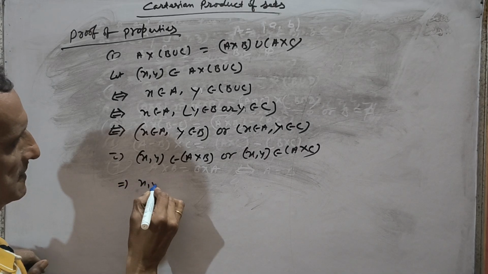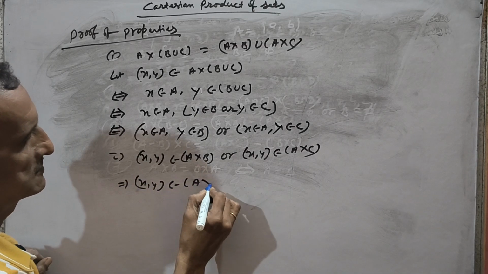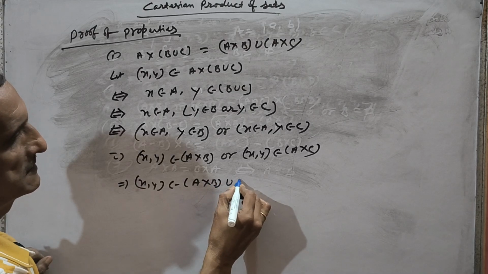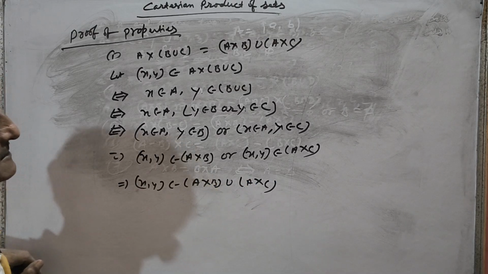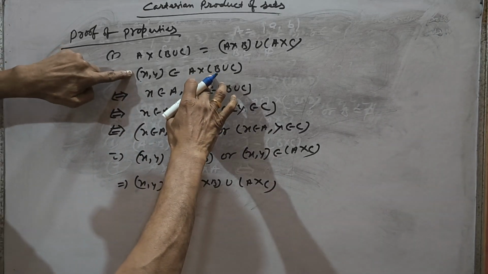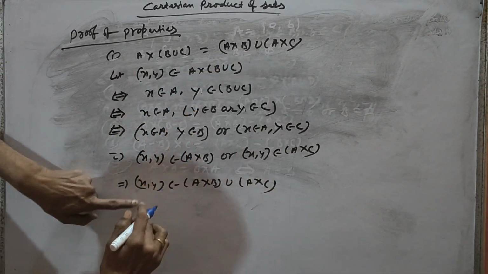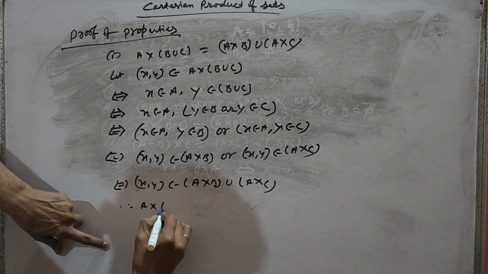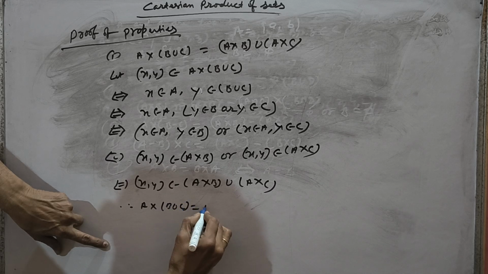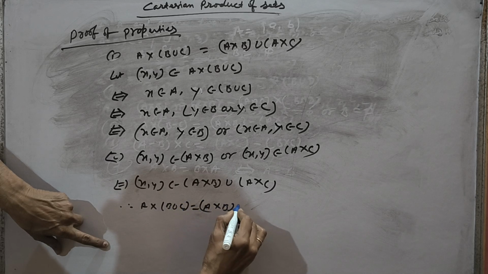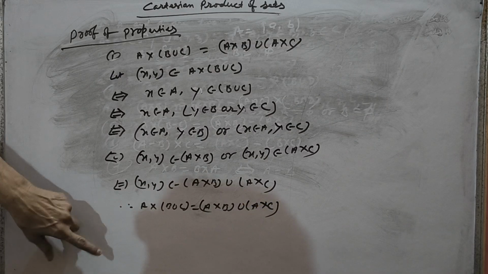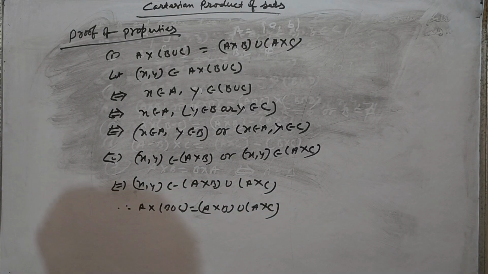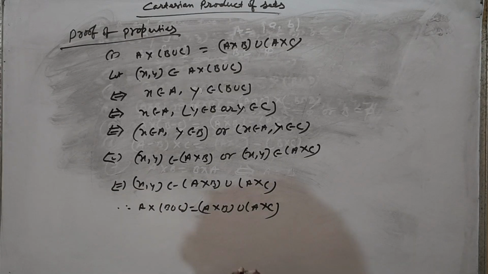What will we write? (x, y) belongs to (A cross B) union (A cross C). From here we have started, and from here the same thing we have got, and both way implication. Then you can write A cross (B union C) is equal to (A cross B) union (A cross C). Understood? Just like class 9, what we have done in the proof. The property of set operations, it is almost similar.